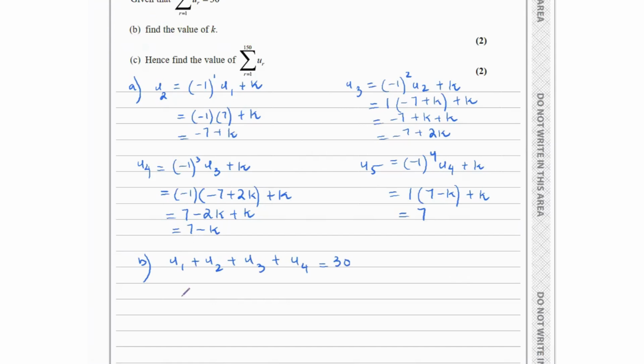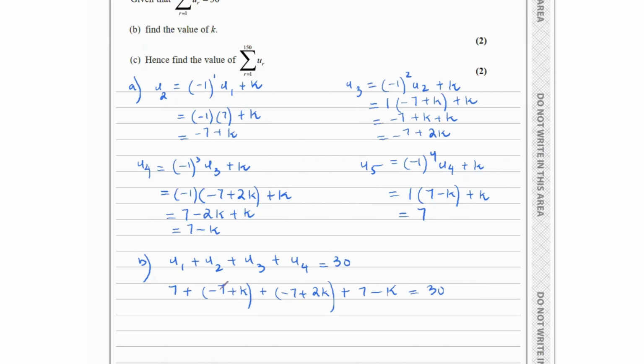That's what the summation says. So we know u1 is 7, u2 is negative 7 plus k, u3 is negative 7 plus 2k, plus the fourth term, which is 7 minus k. So this equals 30.